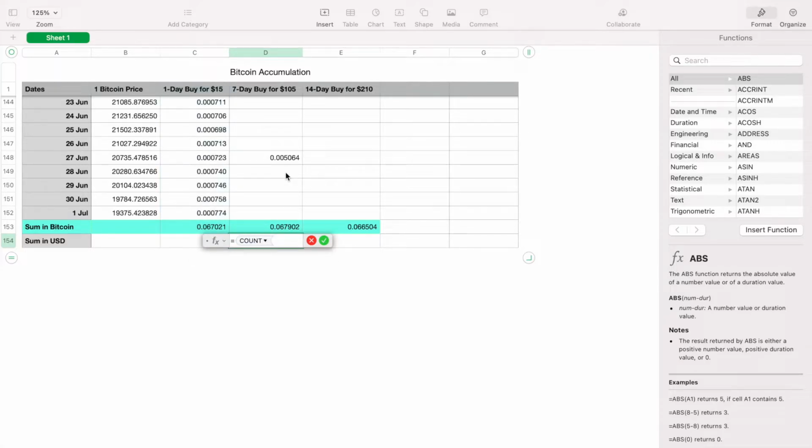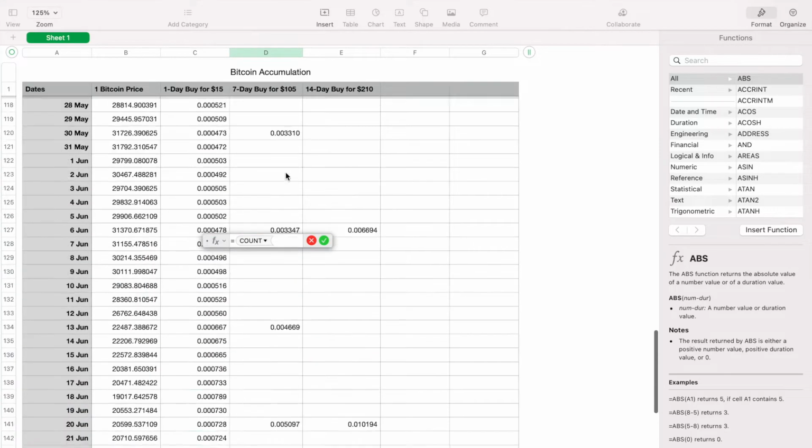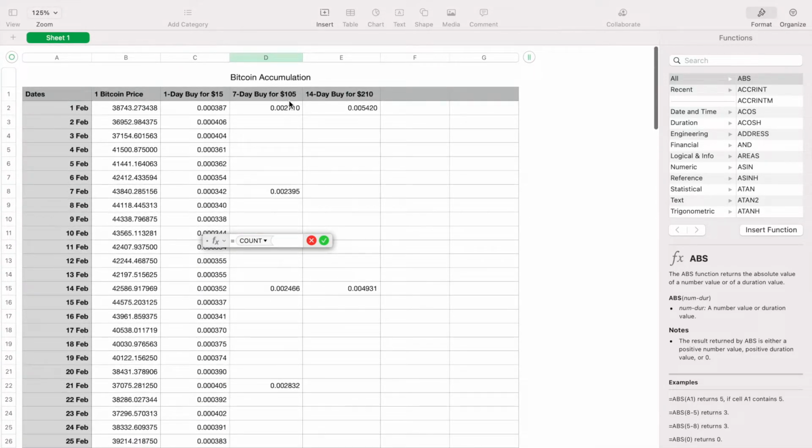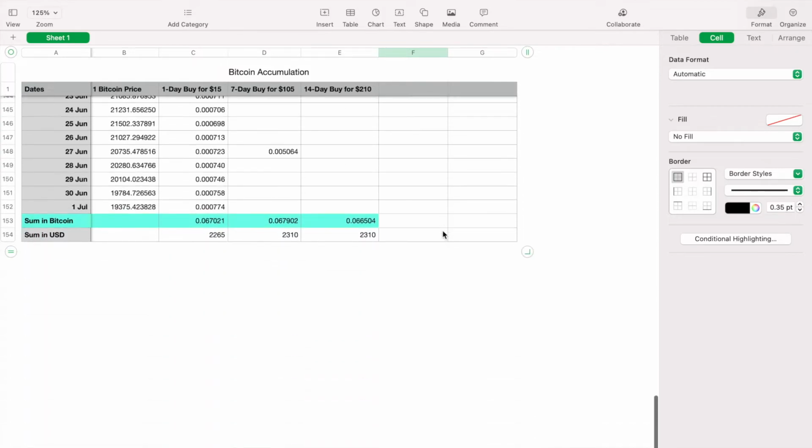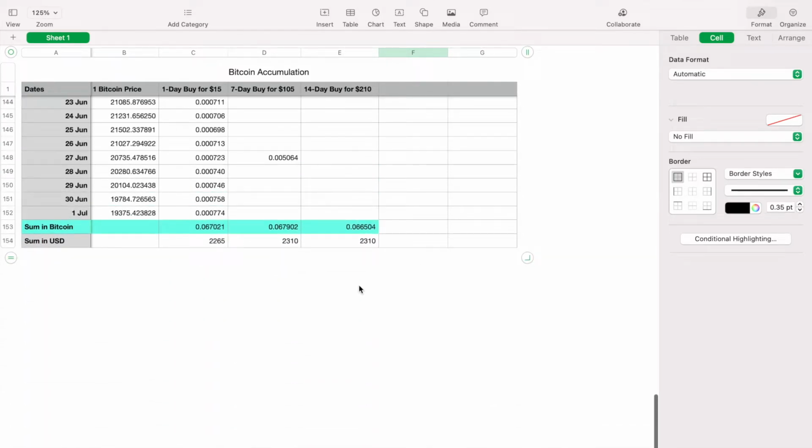To calculate the total amount spent, I multiply the count of occurrences by the amounts that I am spending. Both weekly and bi-weekly spending end up to be equal to $2,310. So this gives me the right to say that the 7-day buy strategy is better than 14-day strategy, because it resulted in a larger amount of Bitcoin for the same budget.